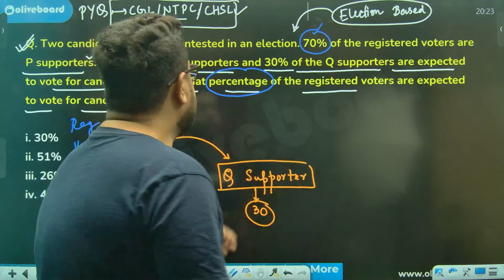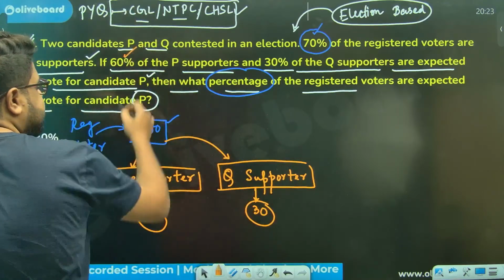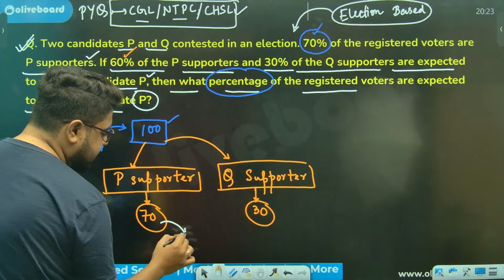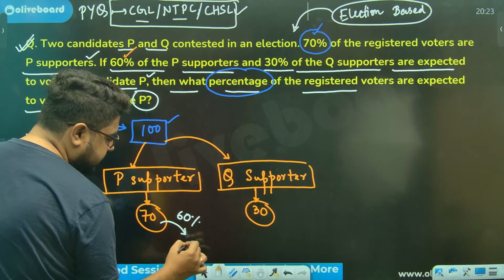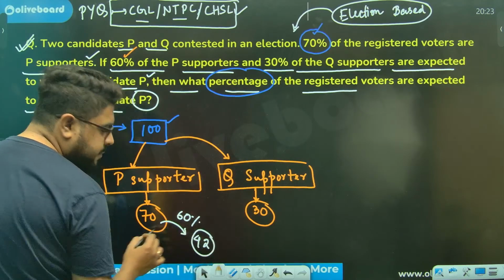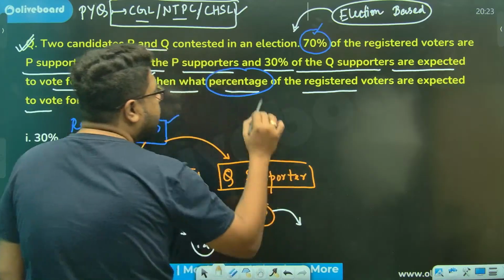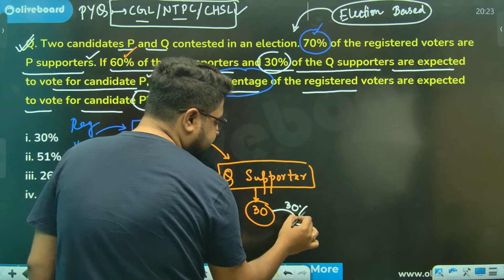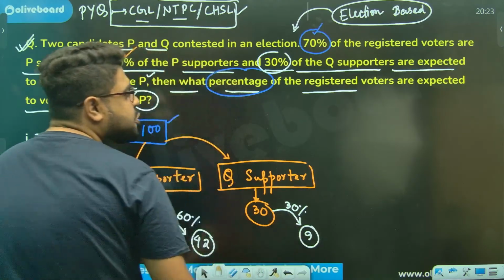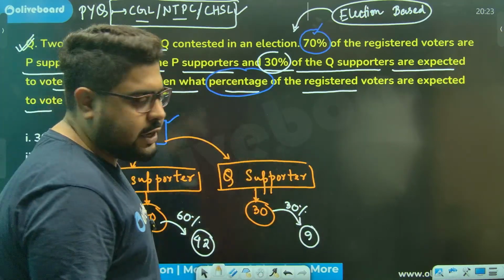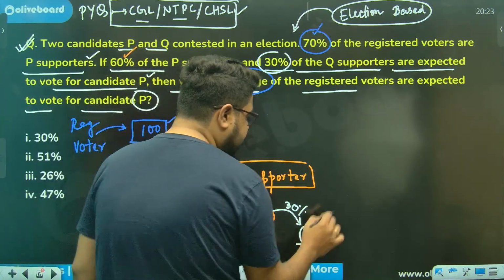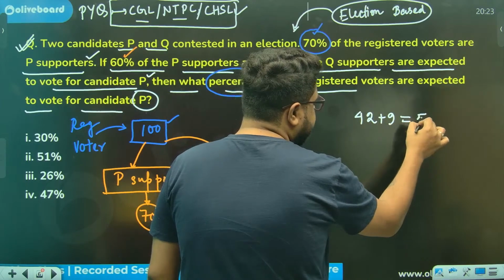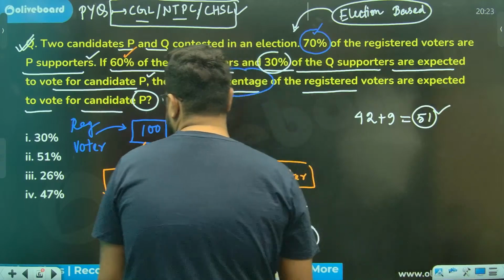Now 60% of the P supporters have voted for P. 60% of 70 is 42. So 42 people, and out of Q, 30% of Q supporters. 30% of 30 is 9. So total, how many people have voted for P? 42 plus 9, that means 51 people have voted for P.